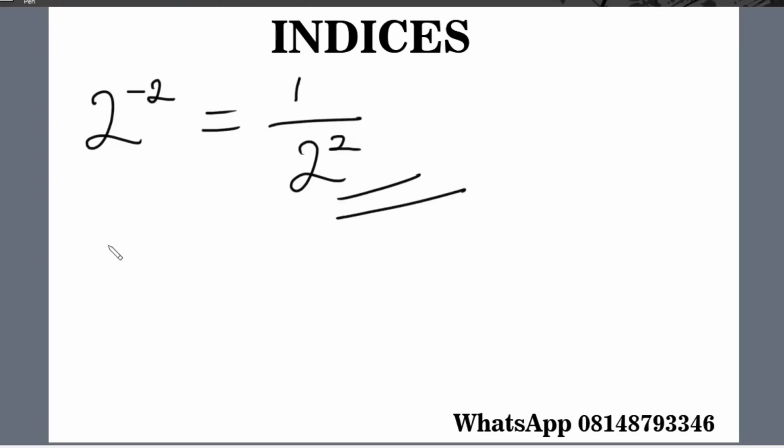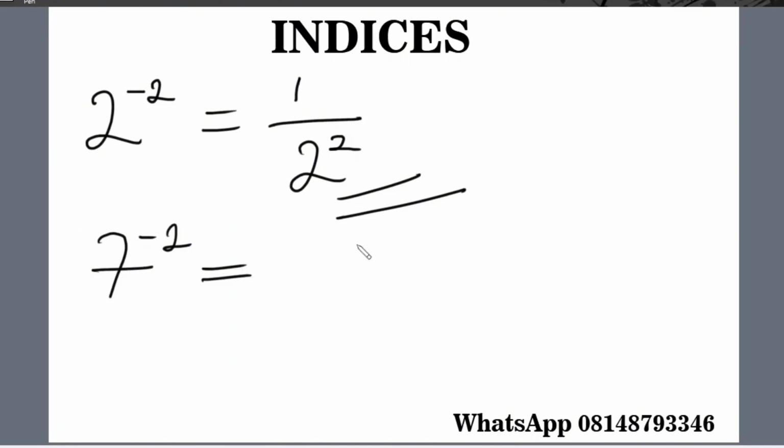Let's take another example. If we have 7 raised to the power negative 2 and we are asked to solve this, how do you go about it? First of all, you recall your law. Whenever a base is raised to a negative index or power, it will be equal to the reciprocal or the inverse of that base.